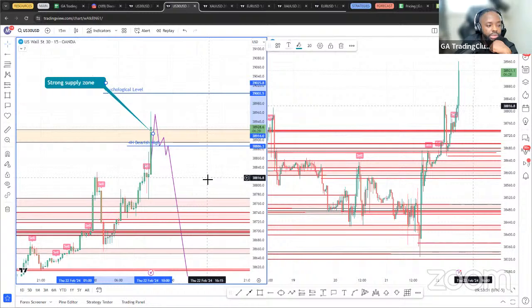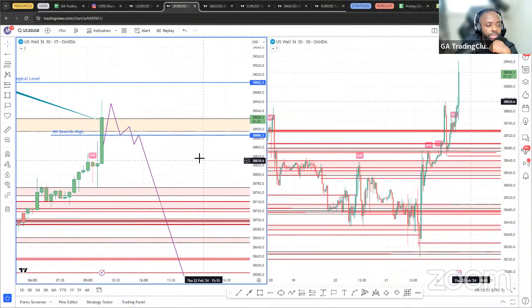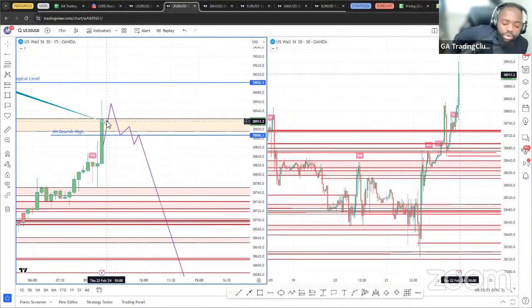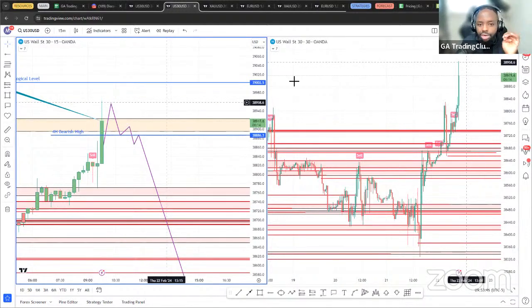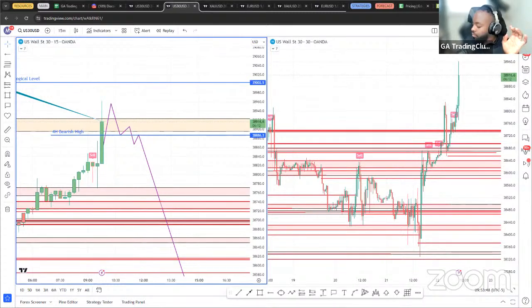So just being a little bit more patient. But you don't have to take every trade I take, and if you guys have any setup that aligns with where US 30 is, you can definitely take sells. The only issue is that we are in a critical area that allows for a lot of manipulation.